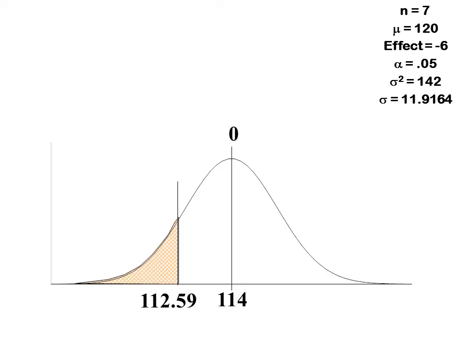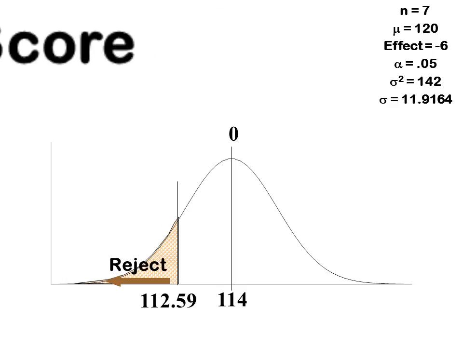And it would be on this side in this case. And I'm looking for the area that's below 112.59. That'll tell me the probability of getting a sample mean that's in that area. Well, that's my rejection region. And by the way, in this case, rejecting is a correct decision because this is when the therapy really does work.